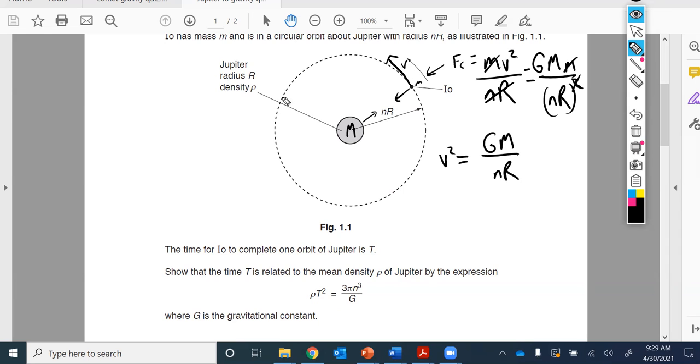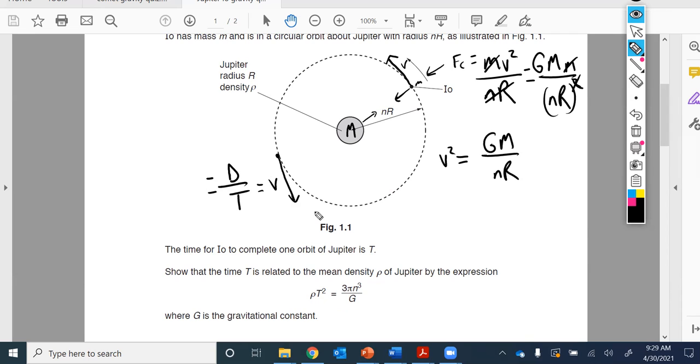Here we can make a substitution. I'm going to go half an orbit later. Here's Io, so I can work on this side. Now Io has made it here, and its velocity is like this. And what is velocity? Distance divided by time. Miles per hour, meters per second, light years per century. Any unit of distance divided by any unit of time is a velocity.